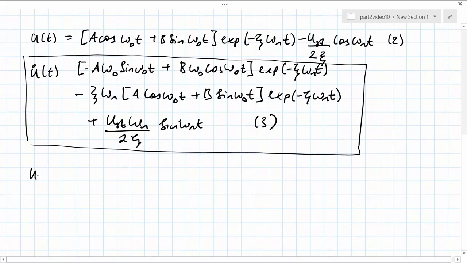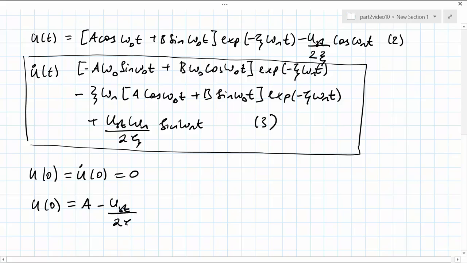For the steady state, we have u0 and u dot naught equal to 0. So, given u0 being set equal to 0, we can then say that a minus u static over 2 zeta is equal to 0. So then a is equal to u static over 2 zeta.